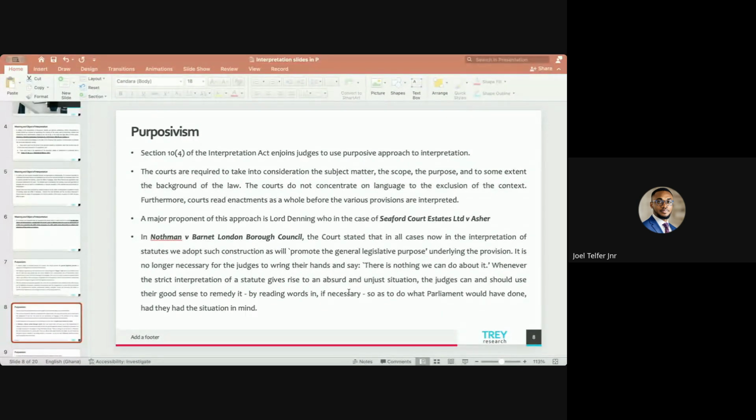So for the first time, you expressly see the term purpose used. The purpose and spirit of the Constitution and the laws of Ghana. And so, just like Sowah JSC said in Tufuor and Attorney General, the Constitution has its letter and also has its spirit. Laws have their letter and they have their spirit.